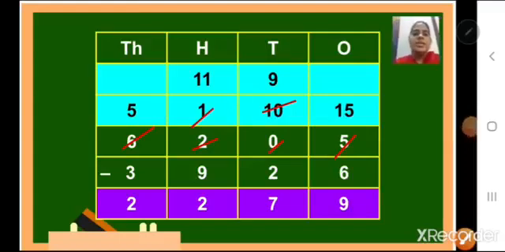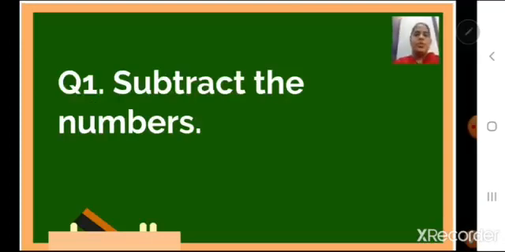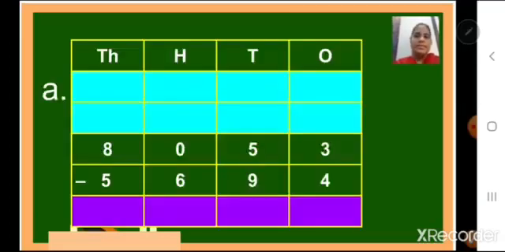Children, now take out your notebook and we are going to start with exercise 4.2 and we are going to solve similar type of subtraction sums, that is with borrowing. Question number 1 is subtract the numbers, A sum.